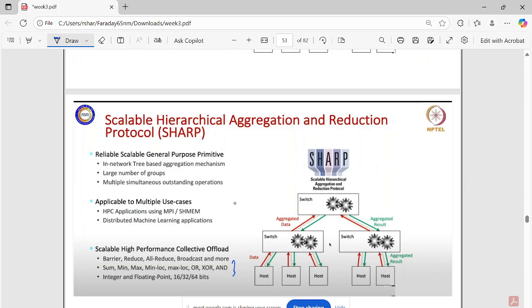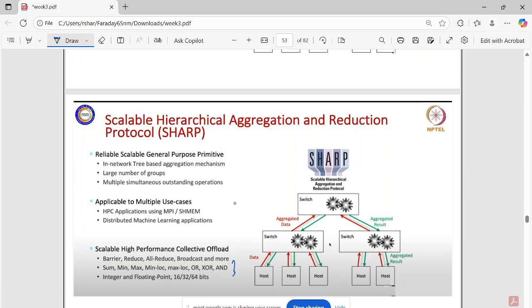Every switch in the network can take data in a single step because all the servers connected to it are connected in parallel. So in a single step, it receives data from all n servers, where n is the number of servers connected to that switch. It does the operation and then sends the result to the next switch.